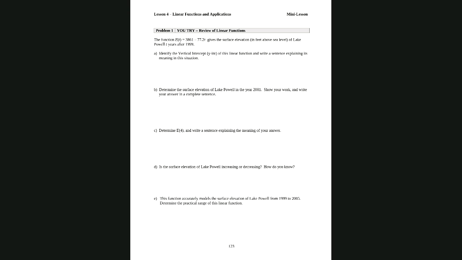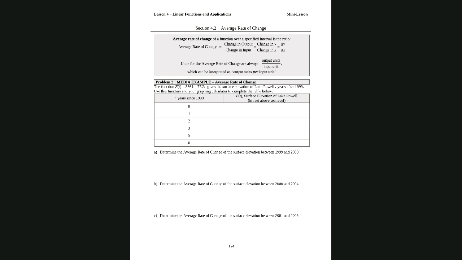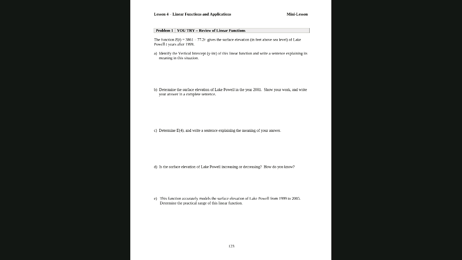All right, so let's look at this problem. We have a practical problem. Again, you have the workbook, so you could turn to this page or look for this problem.